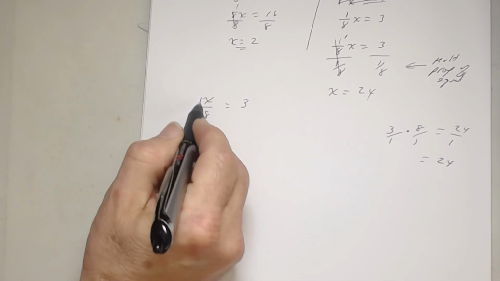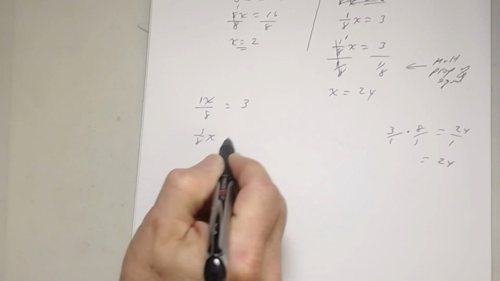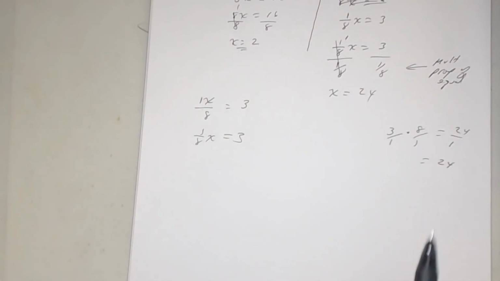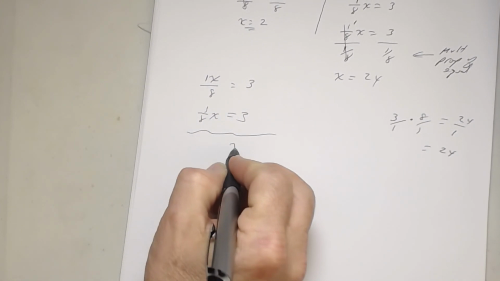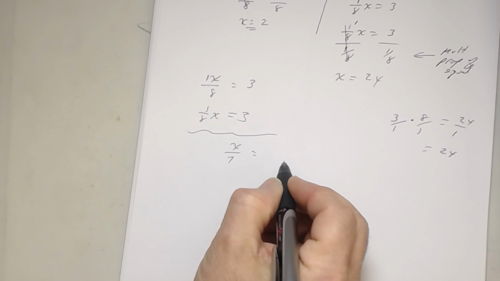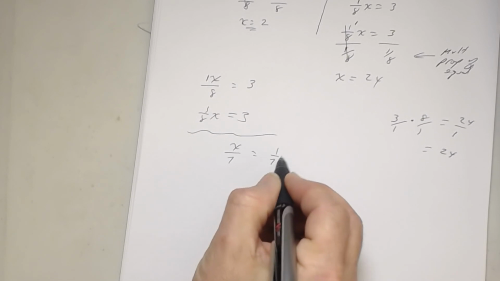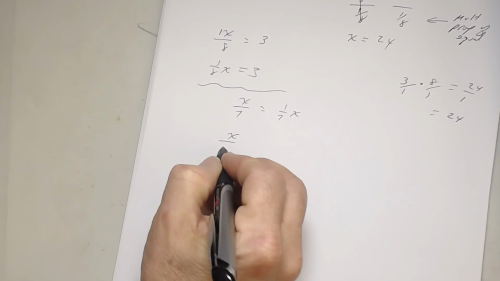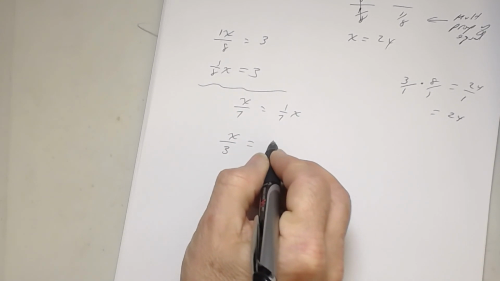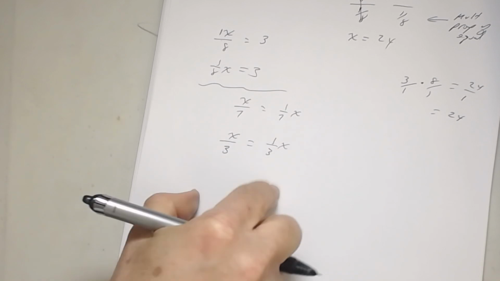So I can write this as 1/8 x equals 3, and that looks like this one. If I have x divided by 7, that's the same thing as 1/7 x. If I have x divided by 3, that's the same as 1/3 x. I need you to write it like that.